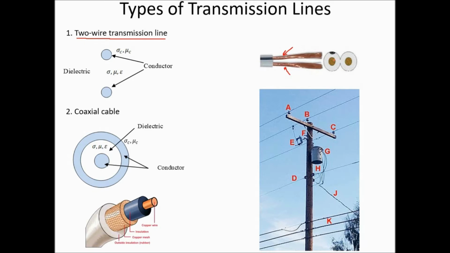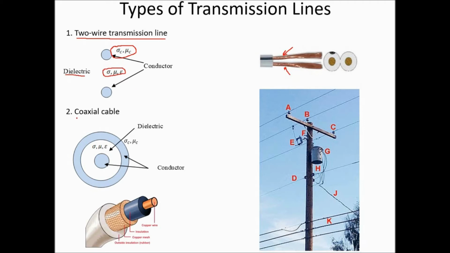If you look at the cross-sectional area, you can see the two conductors are surrounded by a dielectric substance or an insulator. Mainly, we discuss the electric parameters like the conductivity of the conductor, and the magnetic parameters like the permeability of the conductor, and the permittivity of the dielectric material.